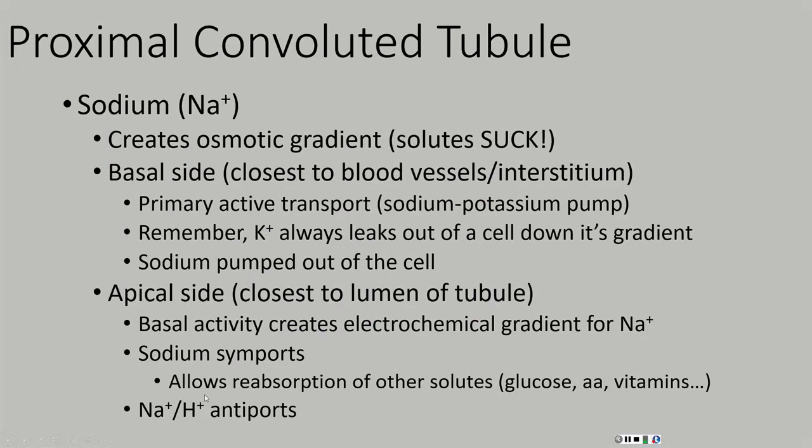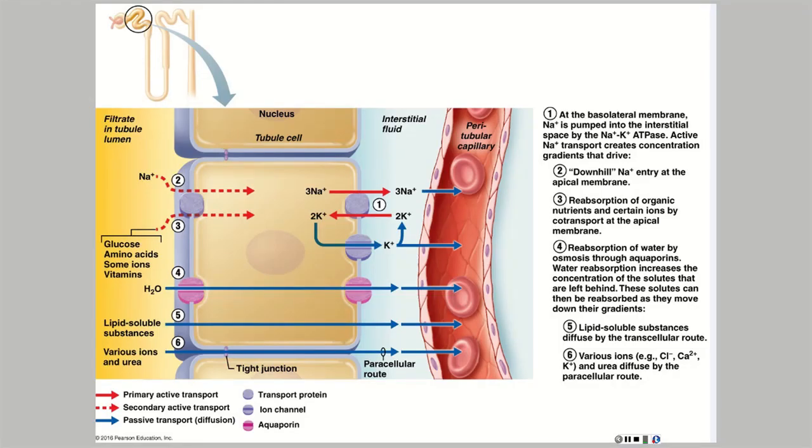Also, we have things called sodium and hydrogen antiports. Antiports are the opposite of symports. They move two things, but they're moving them in opposite directions. It's moving sodium one way, and in this case, a hydrogen ion the other way.